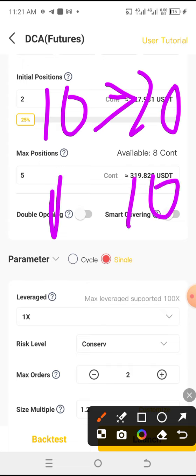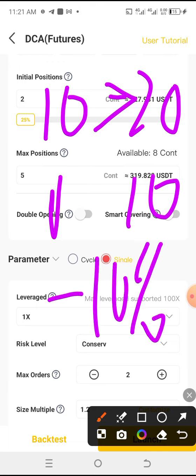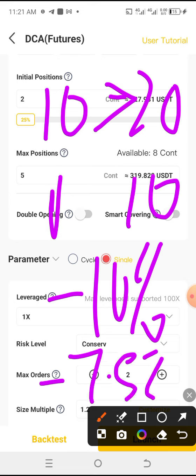So assuming this was minus 10% dip, this is going to go to probably minus 7.5% dip, because it's not even up to 100% of what you're buying at the beginning. I hope you understand. Please try to.